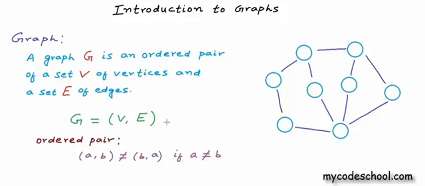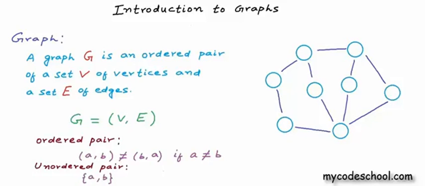In our definition of graph here, first object in the pair must always be a set of vertices and the second object must be a set of edges. That's why we are calling the pair an ordered pair. We also have concept of unordered pair. An unordered pair is simply a set of two elements. Order is not important here. We write an unordered pair using curly brackets or braces.